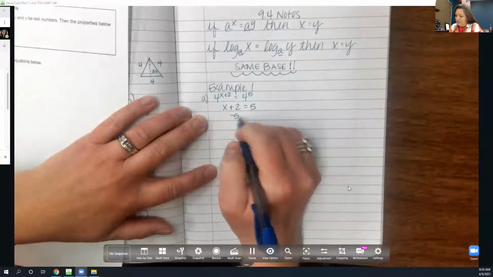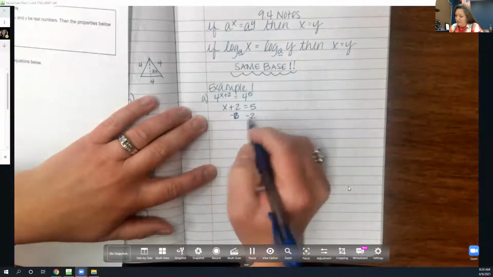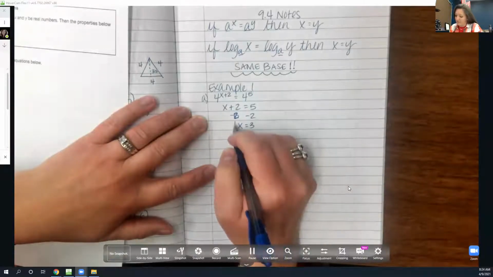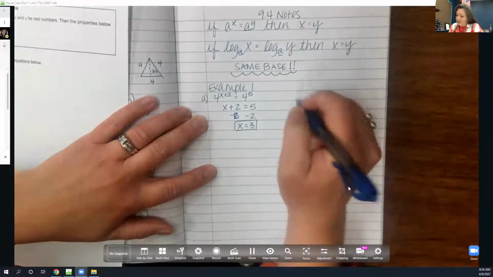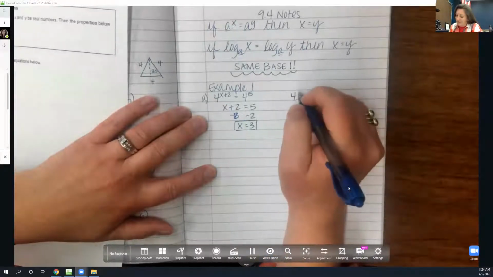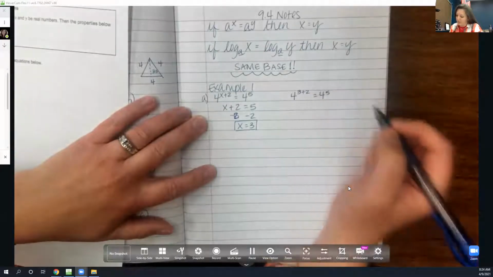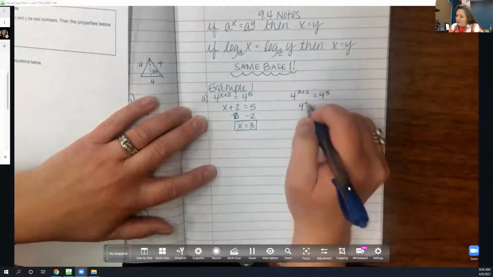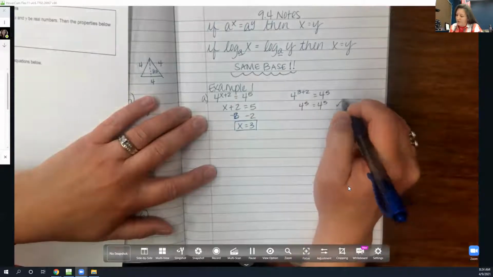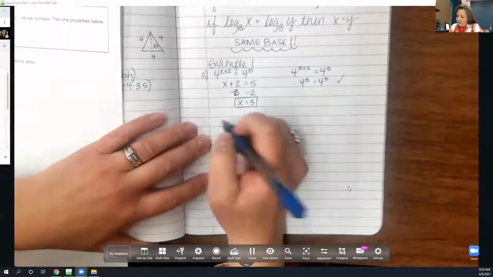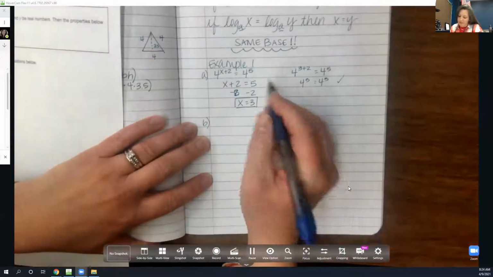Just continue to solve how we normally would, and x equals 3. We can check this by plugging it back in. 4 to the 3 plus 2 equals 4 to the 5th power. 4 to the 5th equals 4 to the 5th. That checks out. Beautiful.